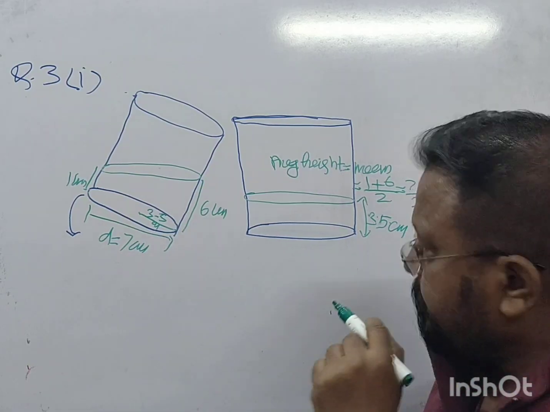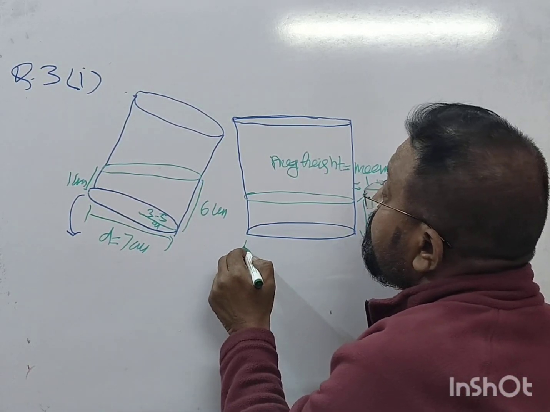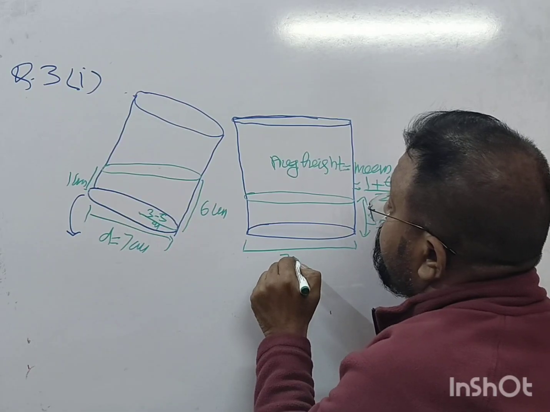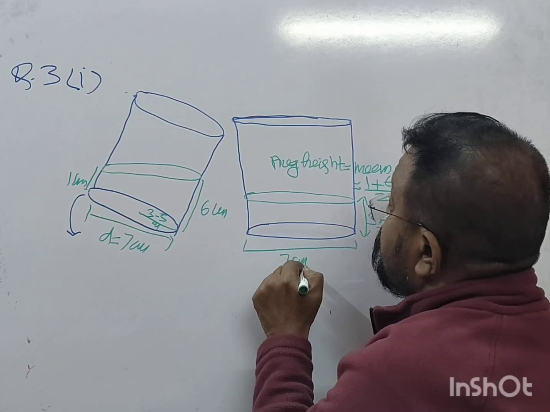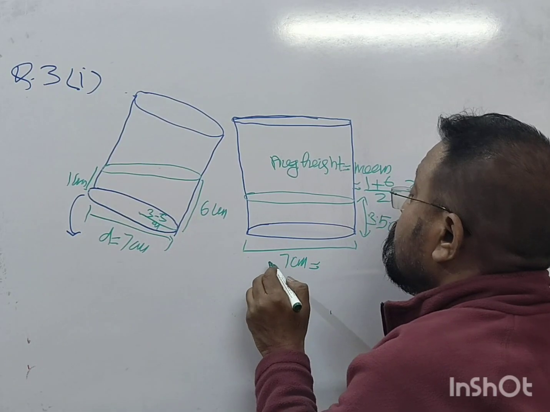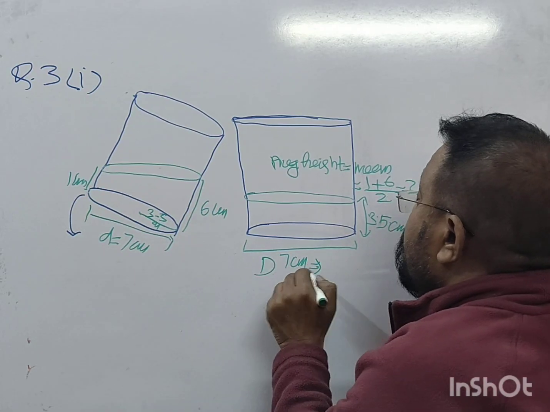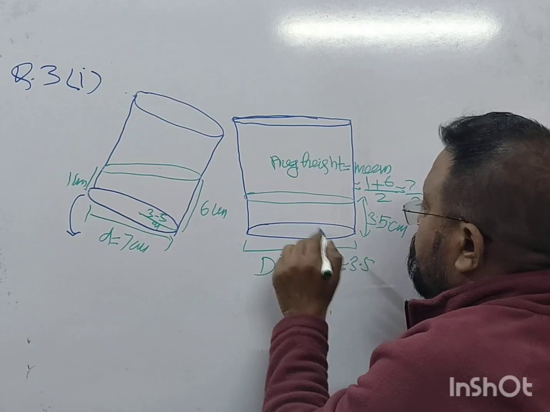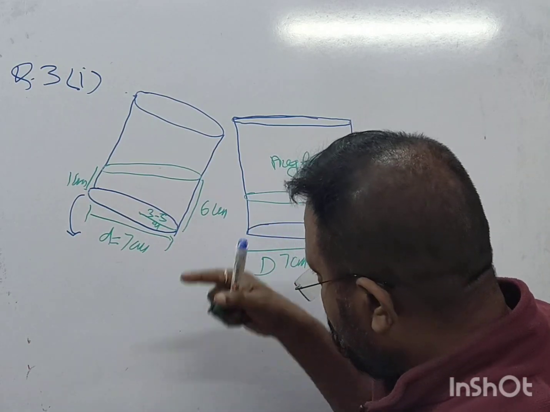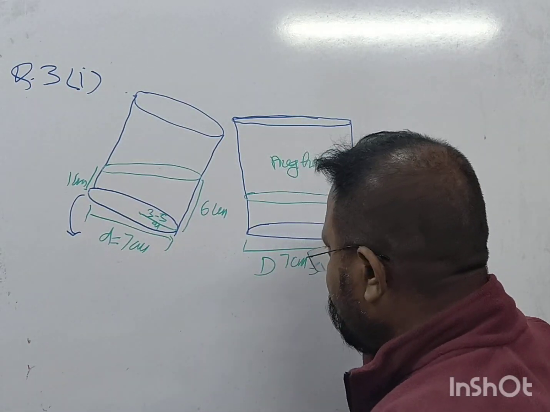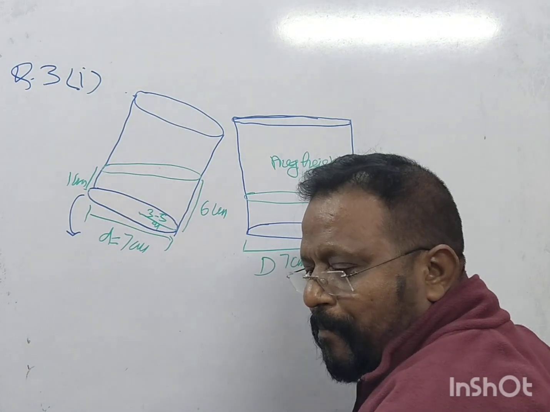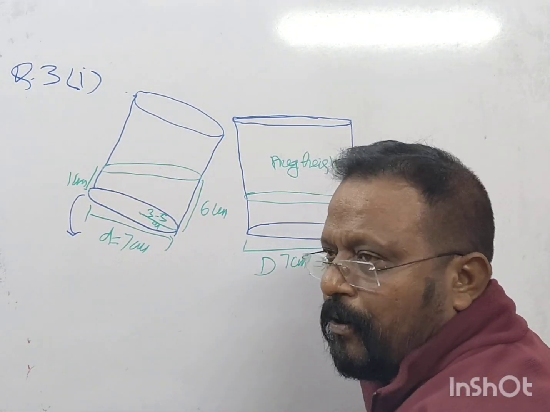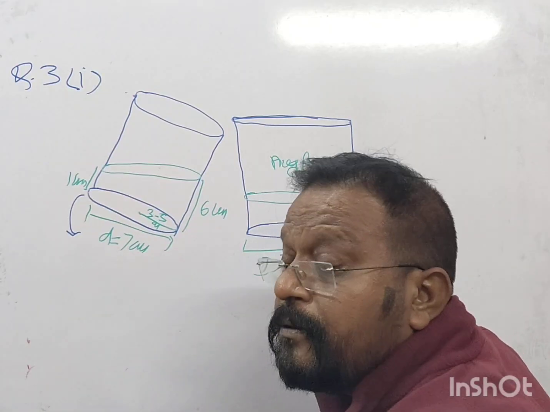right? And its diameter is 7 centimeter. So radius is 3.5 centimeter. Fine. So the area of the beaker in contact with water, something like that.